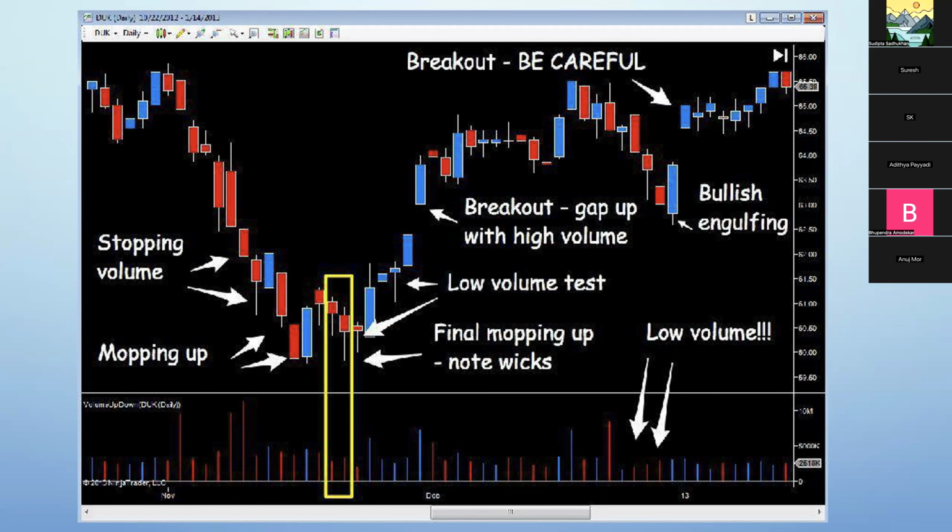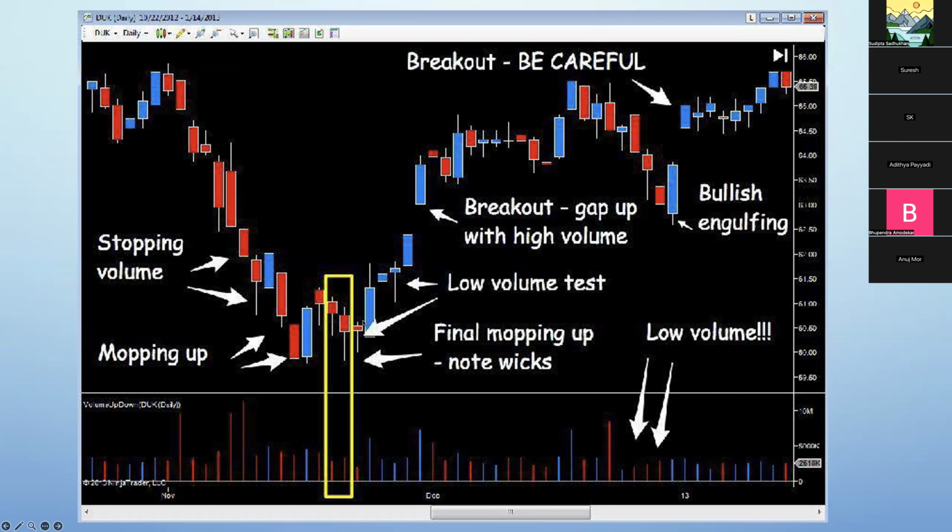That signifies that the trend is going to change. Not necessarily immediately, but it might go down further, consolidate, break out, and start moving up. So this kind of volume signifies that some kind of trend reversal is going to happen.